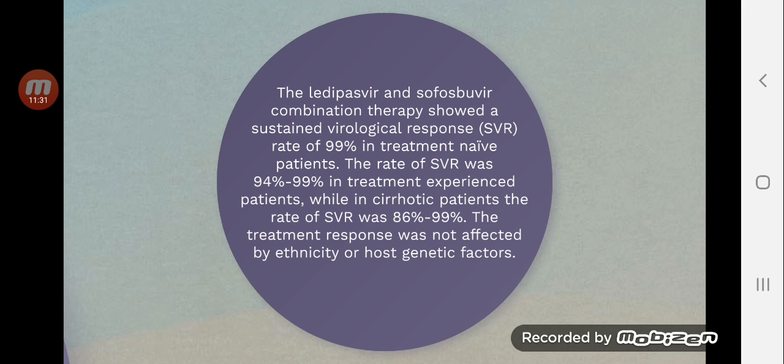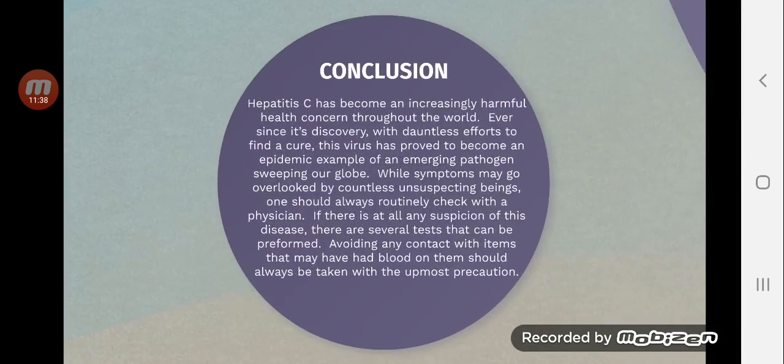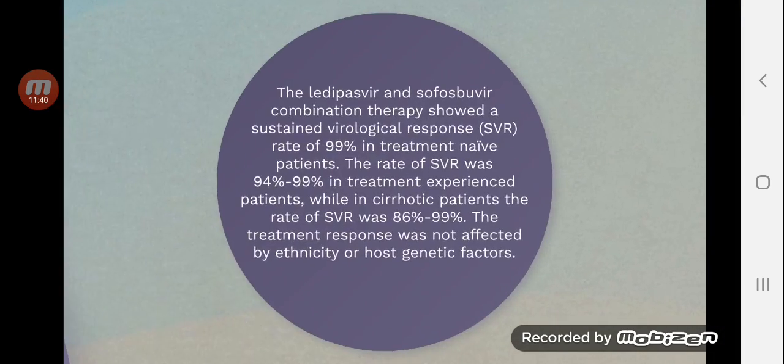The rate of SVR was 94% to 99% in treatment-experienced patients, while in cirrhotic patients, the rate of SVR was 86% to 99%. The treatment response was not affected by ethnicity or genetic factors.